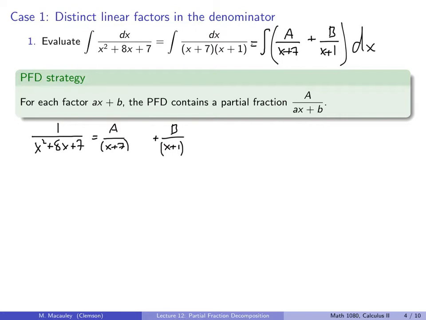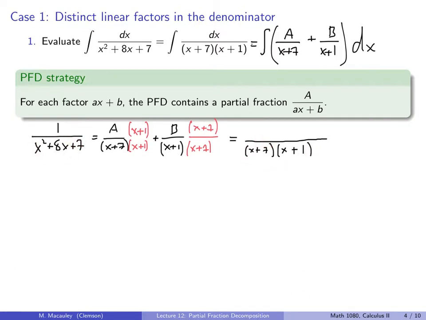So I'm going to multiply top and bottom of this fraction by x plus 1, and top and bottom of this fraction by x plus 7. Now why does that help? Well, oh, I forgot my fraction. So now the bottom of this fraction is x plus 7 times x plus 1, and notice that is the same as this.